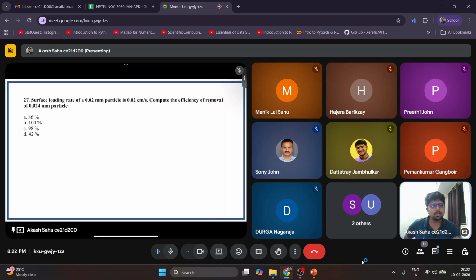If it is a smaller particle, then we have to calculate, because we don't know whether it will be removed fully or not. But the surface loading rate is defined for a particular particle, so that particle will be removed 100%. If we have a particle of a greater size, the weight is increased, which means settling will be faster, right? So that particle also will be removed 100%. Am I making my point clear?